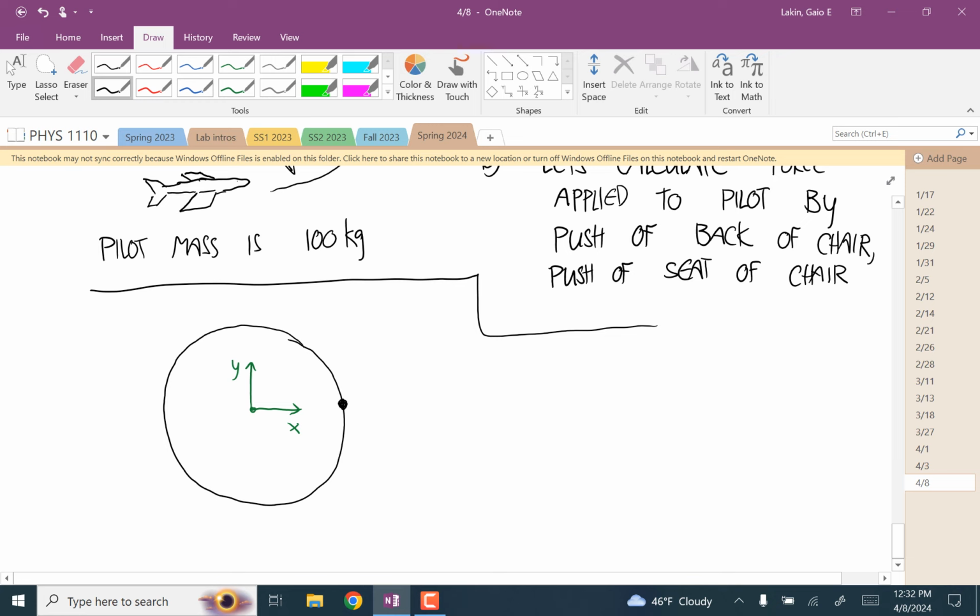And in this problem, we're given that we have to do it here. It's following a path like that, counterclockwise. So the velocity vector is tangent to the path in the direction of motion. So there's the velocity.